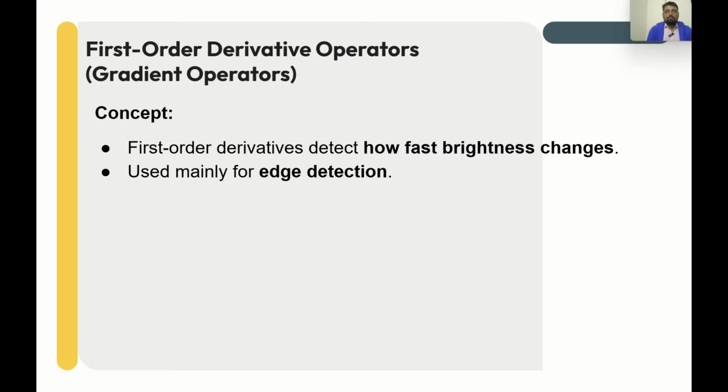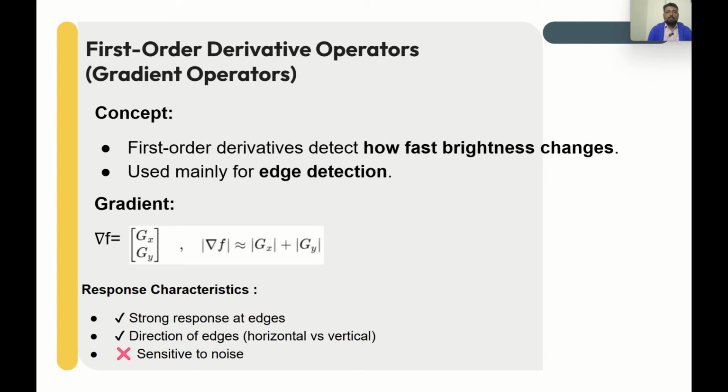It is used mainly for edge detection, and the gradient of f, delta f, is nothing but the gradient of your pixels, written as g of x plus g of y, which also represents the square root of g of x squared plus g of y squared. The output gives strong responses at edges, so you get better edges. You can also identify the direction of edges, but it is sensitive to noise.